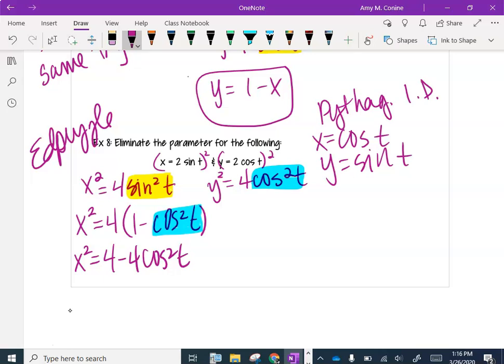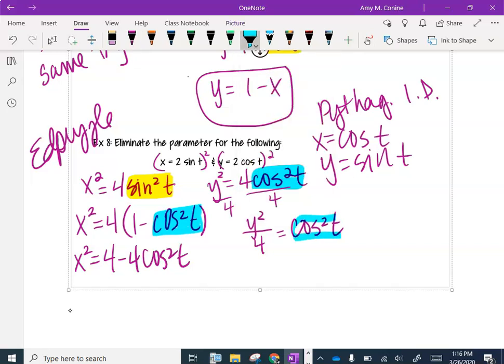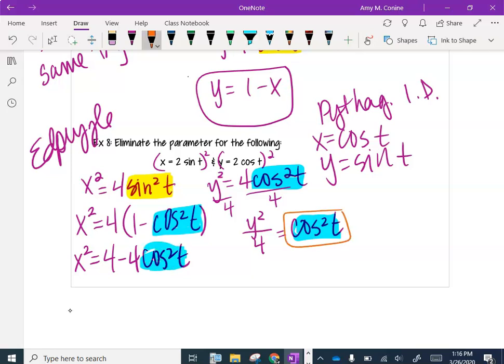If cosine squared t is our parameter, I'm going to divide by 4. So now I have y squared over 4 equals cosine squared of t. I still have my cosine squareds, but this cosine squared right here in blue is now by itself. I'm going to take what it equals and substitute it into the other equation.